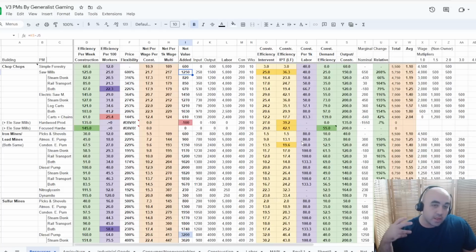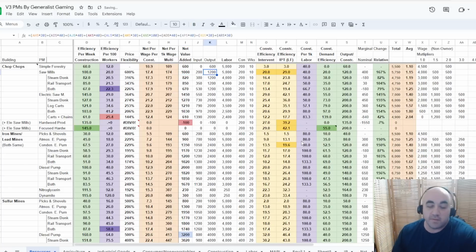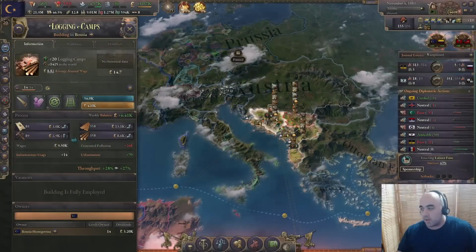Now, there are a lot of buildings that will not be owned up to level 50, especially the resource industries, because not a lot of them will have 50 capacity. So this malice is considerably smaller the smaller your economy is and the less throughput you have. But by the time you can go command economy, you are fairly late in the game, and you probably have a pretty big economy.